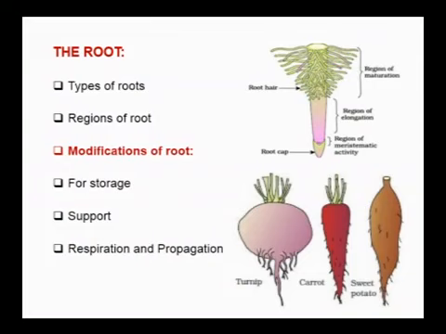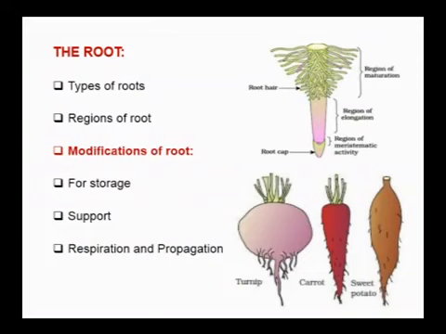So, true roots are taproots, usually found in dicotyledonous plants, and fibrous roots are usually found in monocotyledonous plants. There are adventitious roots which develop from other parts of the plant but not from the radicle. So, there are three types now: taproots, fibrous roots and adventitious roots.